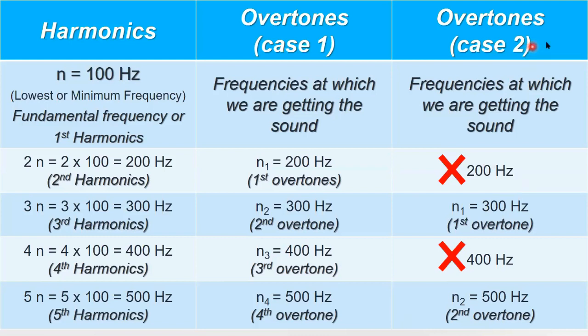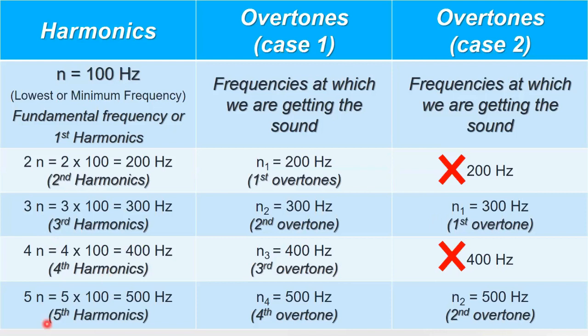So in case 2, we will say that the third harmonic is present, the fifth harmonic is present, but the second and fourth harmonics are absent. So we will say that all the harmonics may or may not be present in a given sound. In case 1, all the harmonics are present, while in case 2, only odd harmonics are present.